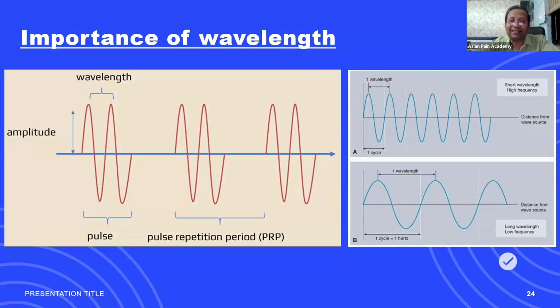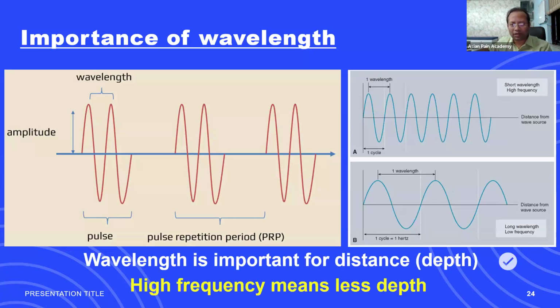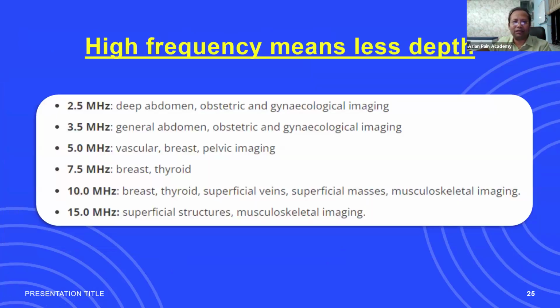If I want to see 10 centimeter depth, then with high frequency, or less wavelength, it will take 20 cycles to go to 10 centimeter depth, and it will take say 5 cycles with the other. So wavelength is important for distance, as you understood. The single thing is that wavelength determines the cycles covering the depth. High frequency means less depth.